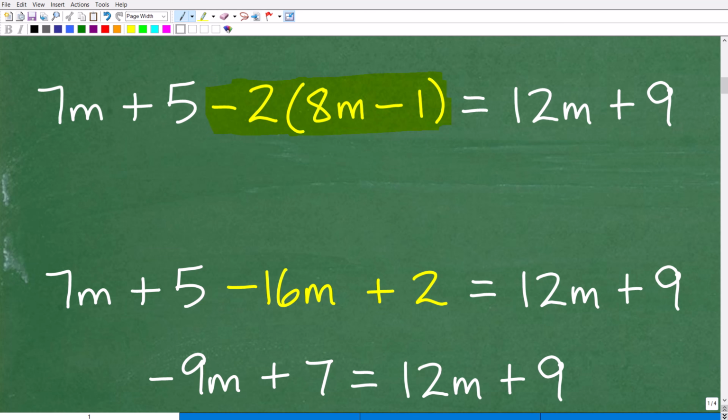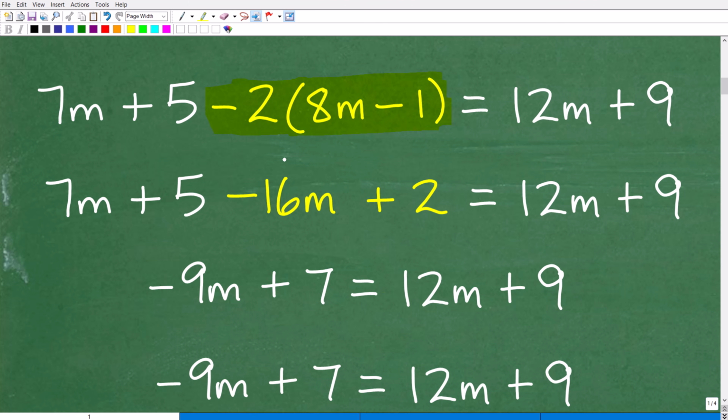Now we've got to be very careful here when we do this work. Let me scoot up this problem right there. Okay, so here we go. What we need to do is take this -2, and it's not just the 2, it's the -2. If you're confused about that, you can think of this as plus -2. We're going to multiply it by this 8m. So -2 times 8m is -16m.